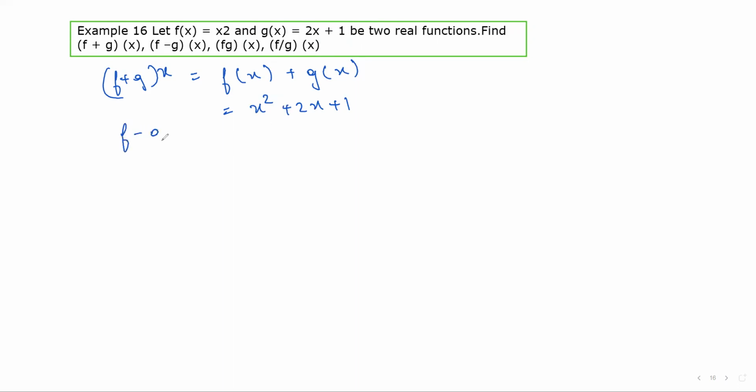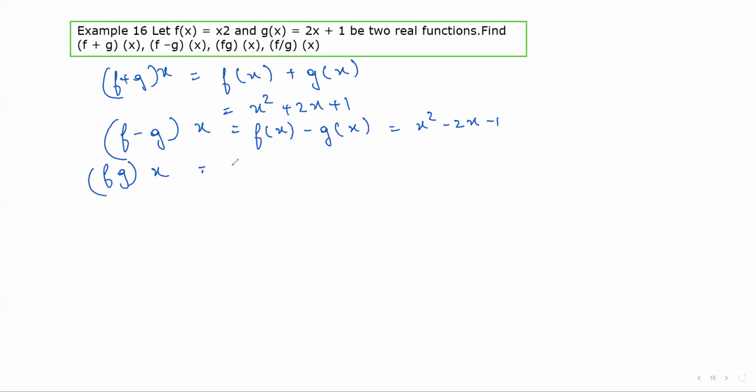f minus g of x would be f of x minus g of x, which is x squared minus 2x minus 1. fg of x would be equivalent to f of x into g of x, which is x squared into 2x plus 1.